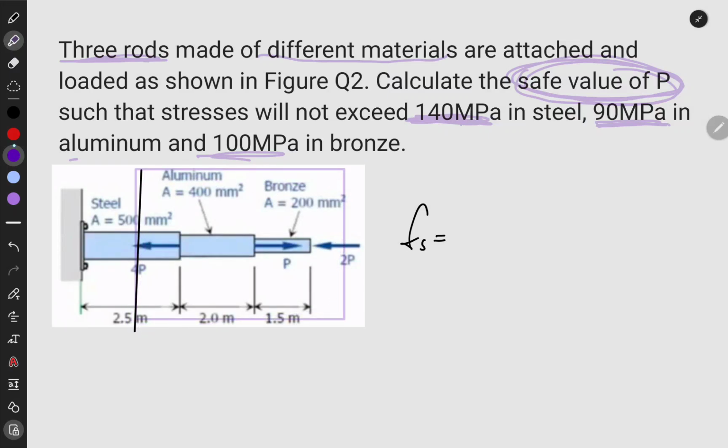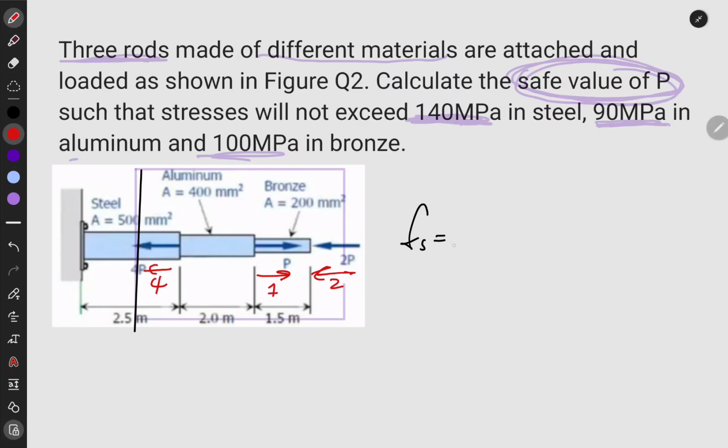Okay, so if you notice, we have a force going this way. We have a P going this way. We have a 2P going this way. 2, 1, and 4.